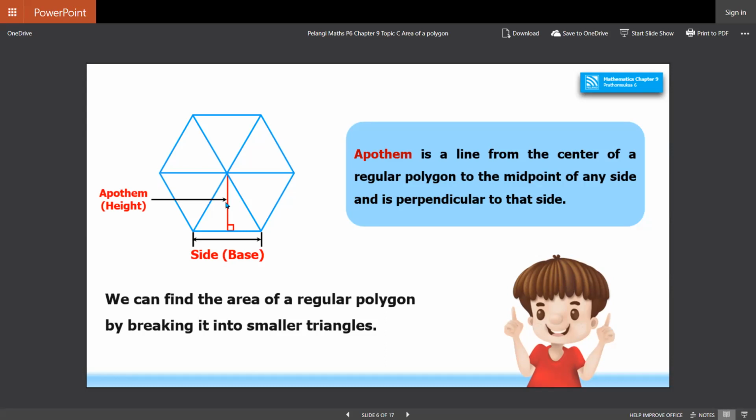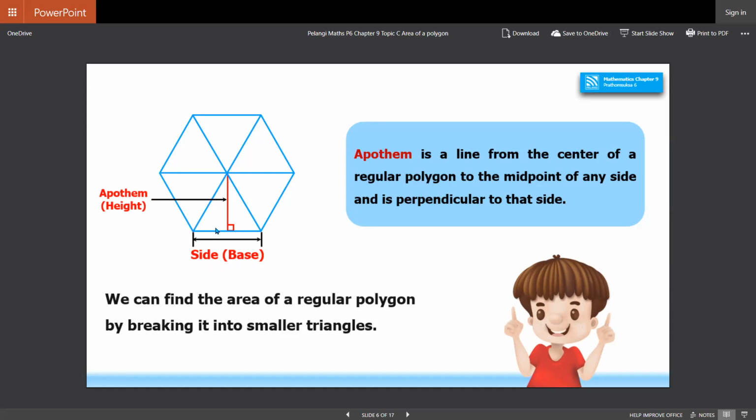Okay, so remember, we do have 6 triangles here. So we can say the area of this polygon is 1/2 base, look at the base. The base is the same as the side. So I can say 1/2 base times height, but instead of saying base, I would say side. And instead of height, I would say apothem.